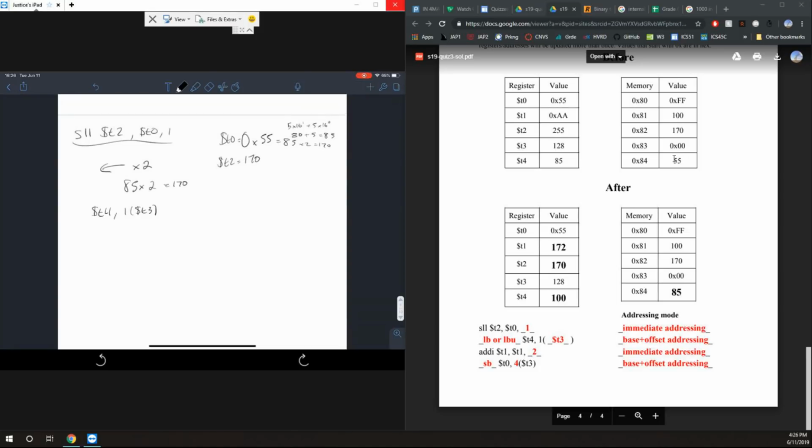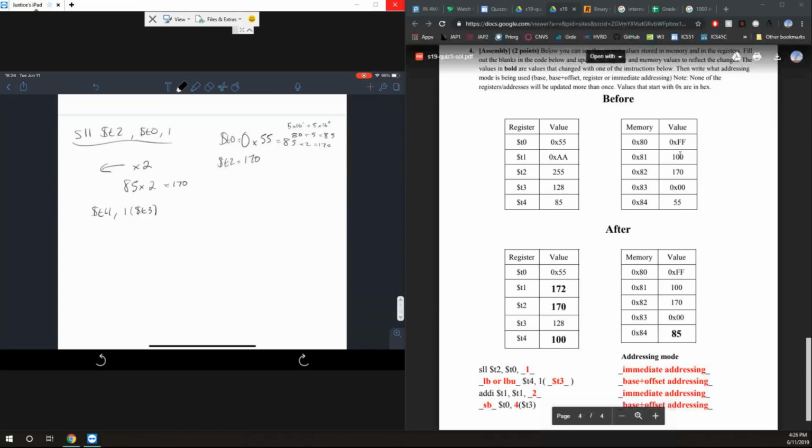Now we need to find somewhere where it's 80, because we want the memory address from 81. You don't really know which one, so you try to find something that will give you 80. What's 8 times 16 to the 1?